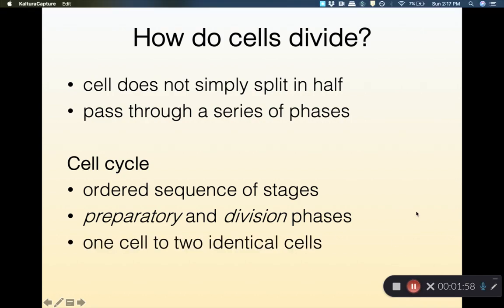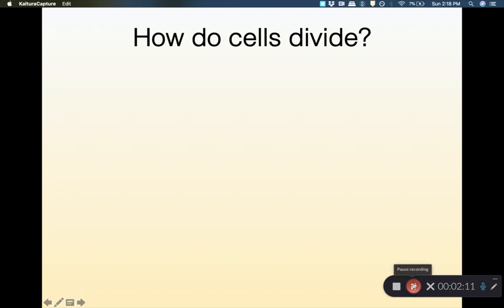And really, the end goal of all of this is to understand how one cell becomes two identical cells. And that's what's critical here, is really the creation of two identical cells. So let's start thinking about what needs to happen in order for a cell to create two identical copies of itself.